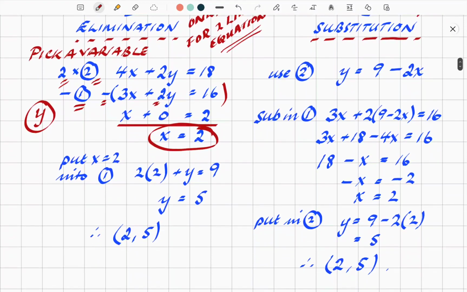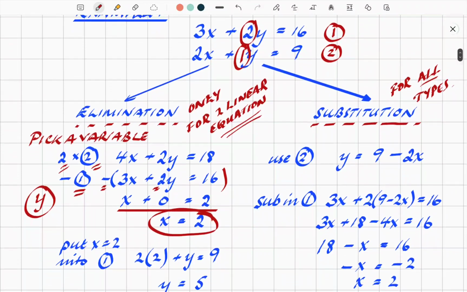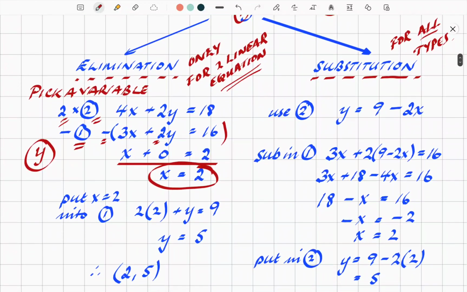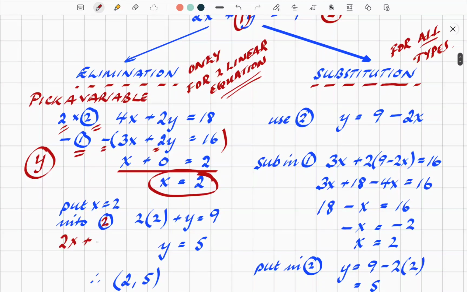Now that we know that x equals 2, put that back into the first equation, equation 1. Have I done it in equation 1 or have I done it in equation 2? Equation 2. So in this one, we've got 2 times x plus y equals 9.